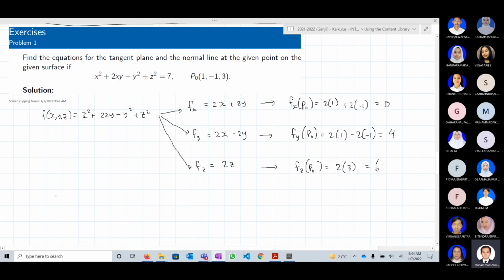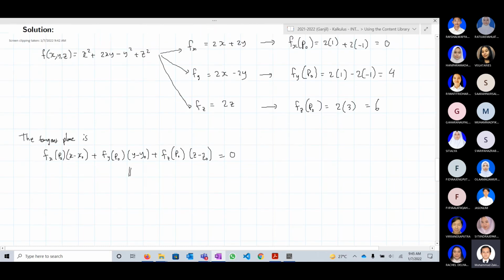So in this case, we use the formula. The tangent plane is fx(p0) times (x minus x0) plus fy(p0) times (y minus y0) plus fz(p0) times (z minus z0) equal to 0.